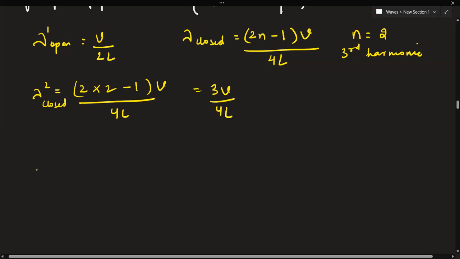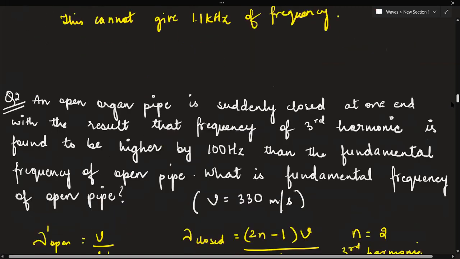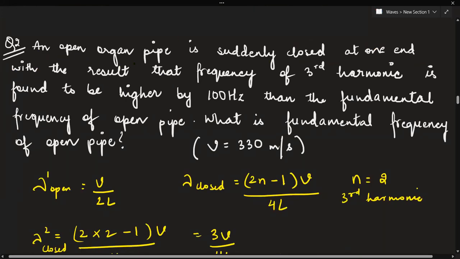Now see, the question says the frequency of the closed one for n equals 2 is the frequency of the open organ pipe plus 100. See, the question says that an open organ pipe is suddenly closed at one end, with the result that the frequency of the third harmonic is found to be higher by 100 hertz than the fundamental frequency of the open organ pipe.